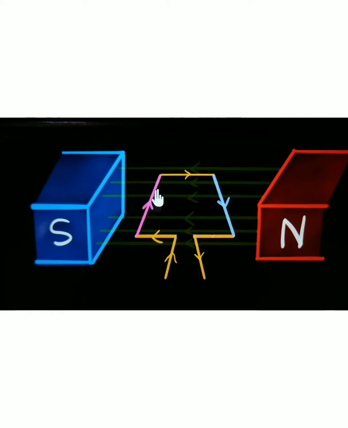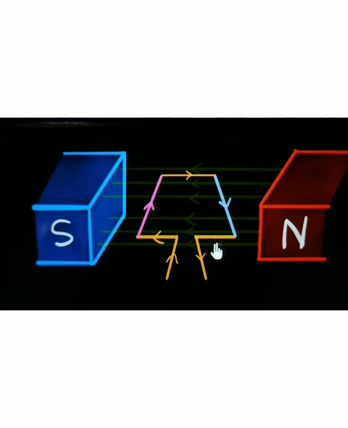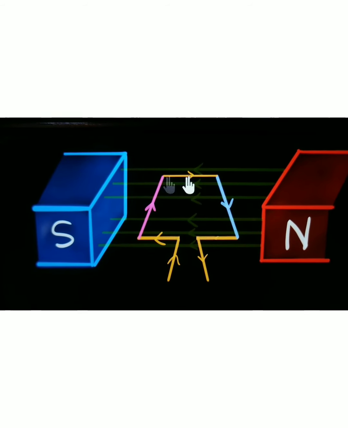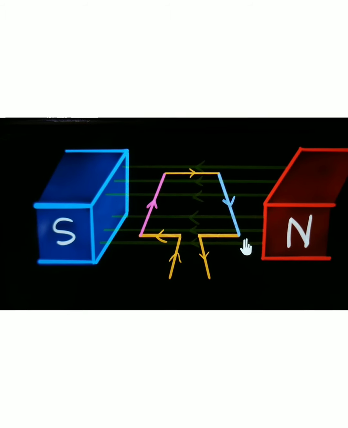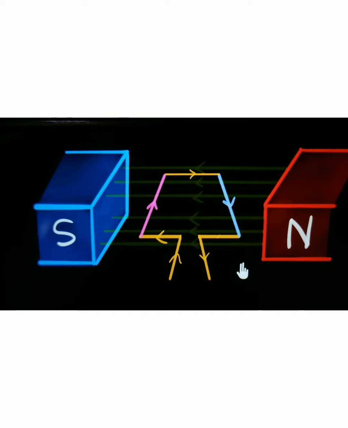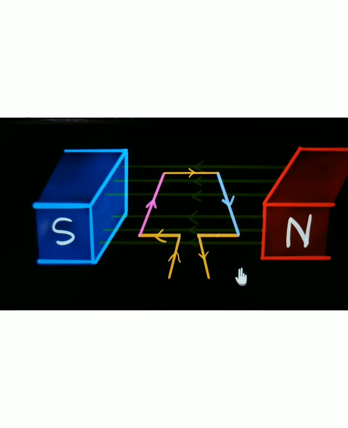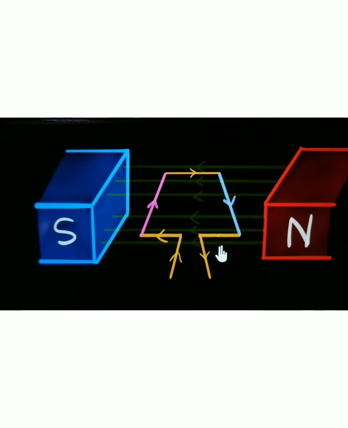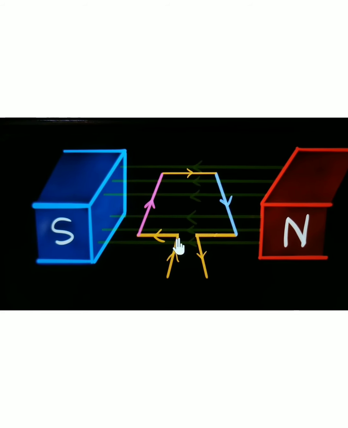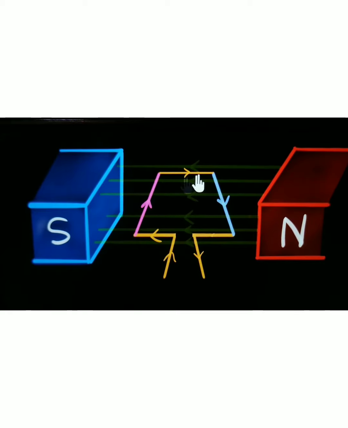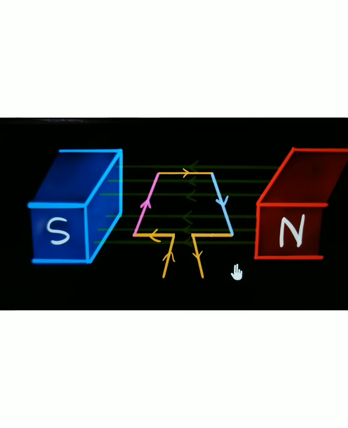Now, each side of this rectangular loop is a current carrying wire inside a magnetic field. That means each side will experience a force, and as a result, this coil might start moving. To figure out how this coil will move, we need to figure out the direction of the force acting on each side of this loop.